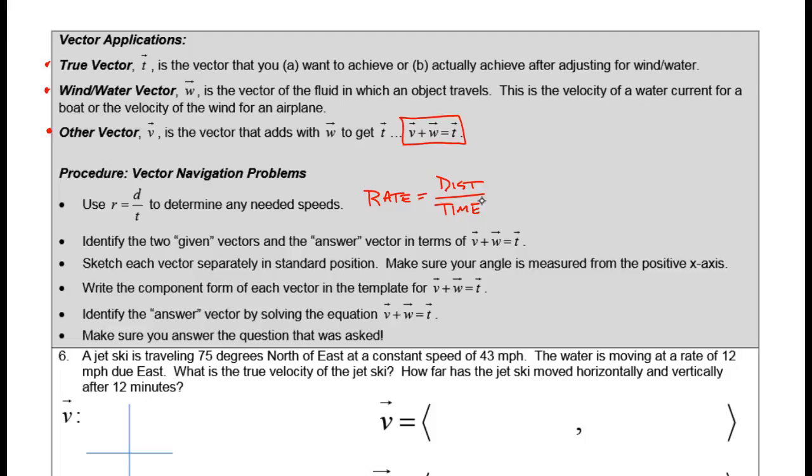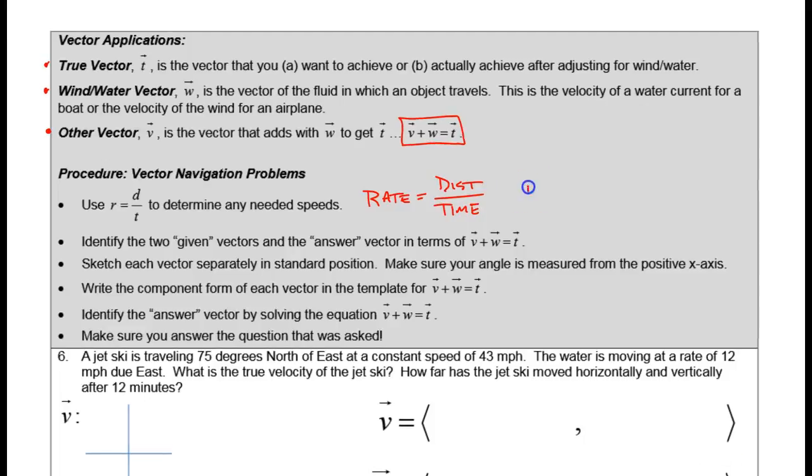There might be an occasion or two where you need to rearrange this and use distance equals rate times time. That's pretty basic, and I expect at this point in your academic career you can do a problem like that without me spoon feeding it. So you're going to determine any needed speeds using this relationship, rate equals distance divided by time.